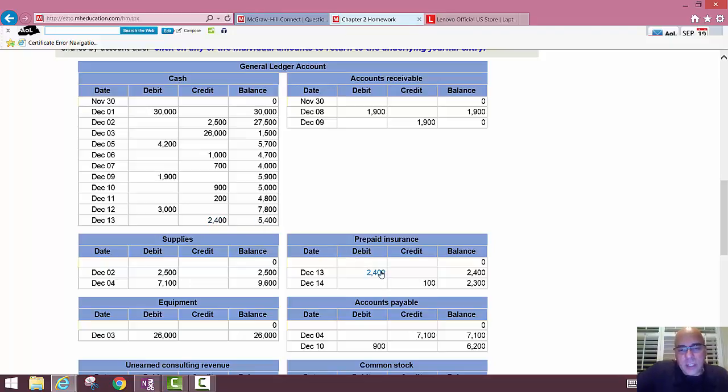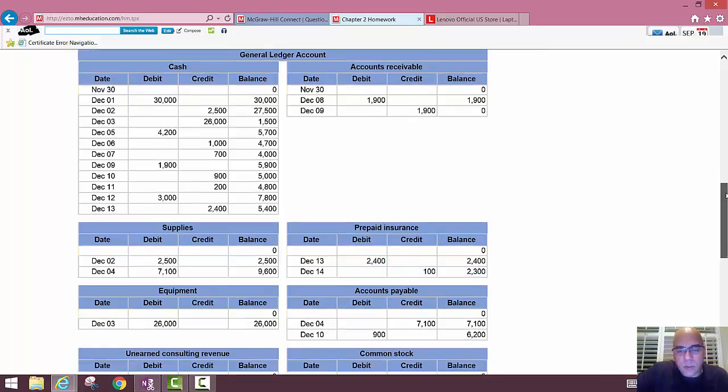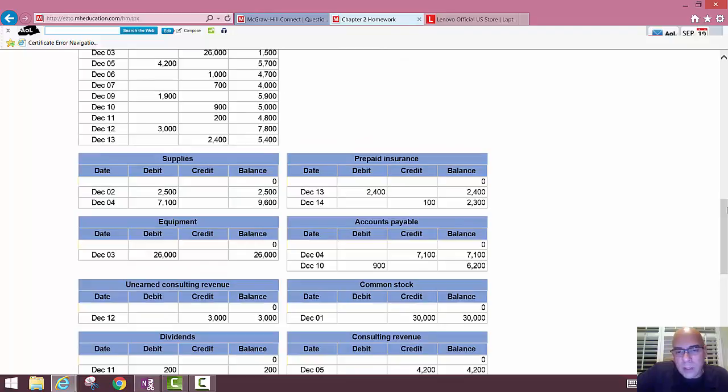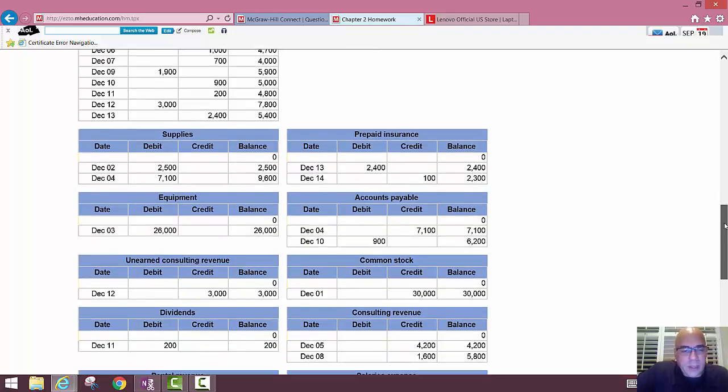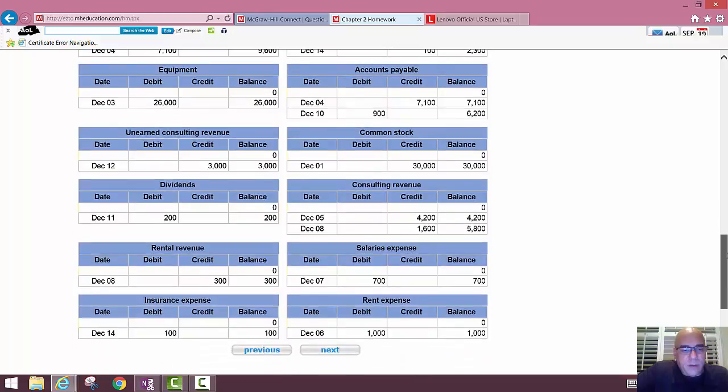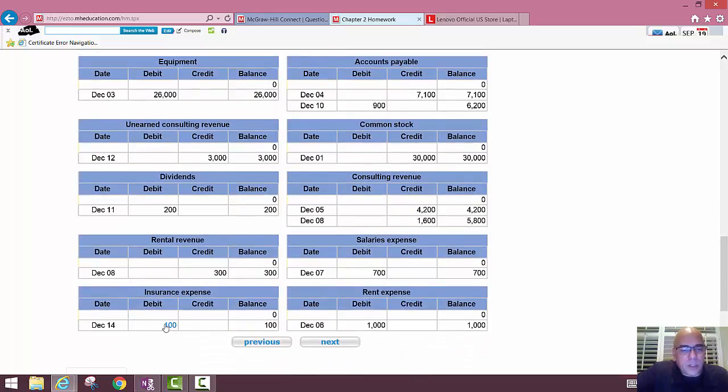I just credited the prepaid insurance, so it's now $2,300 because I have 23 months to go on that policy. And I would have debited my insurance expense down here for $100. So now I have this insurance expense of $100.